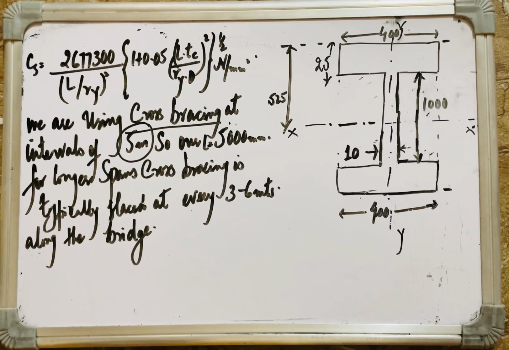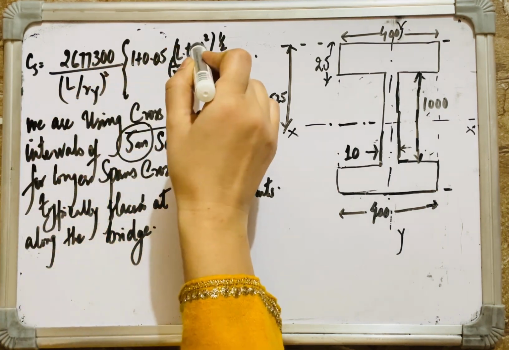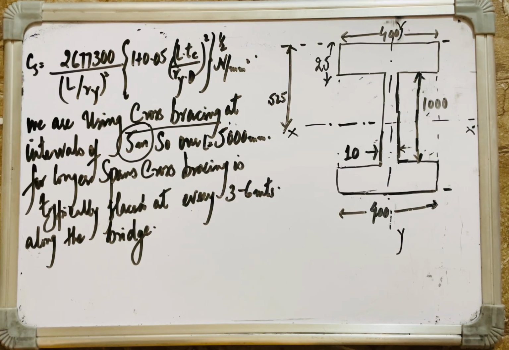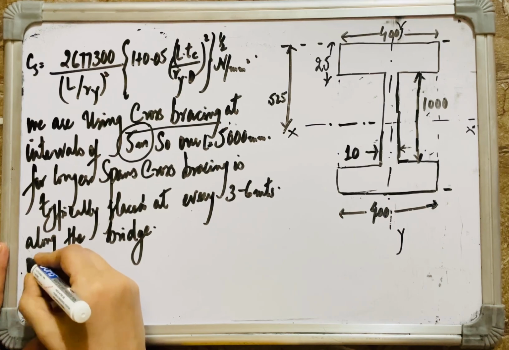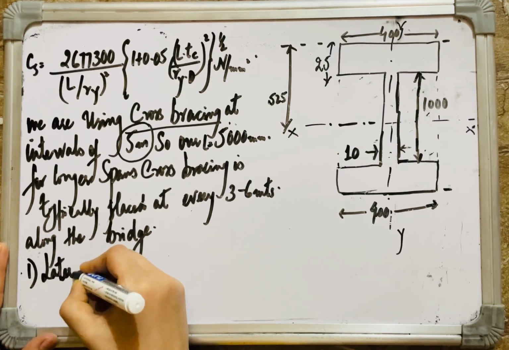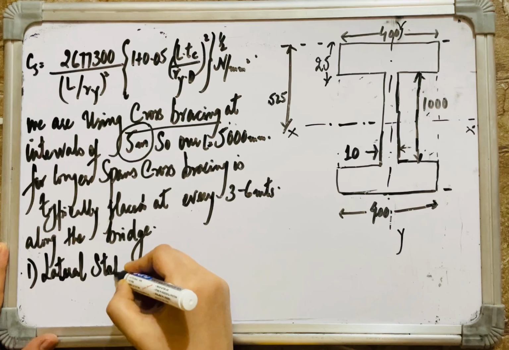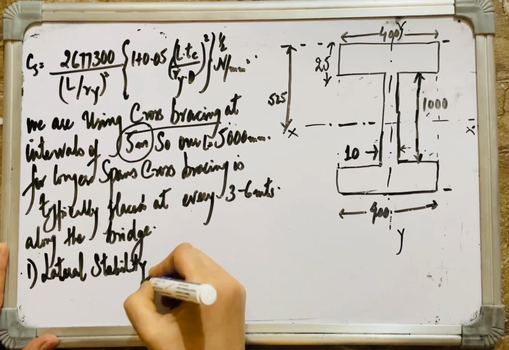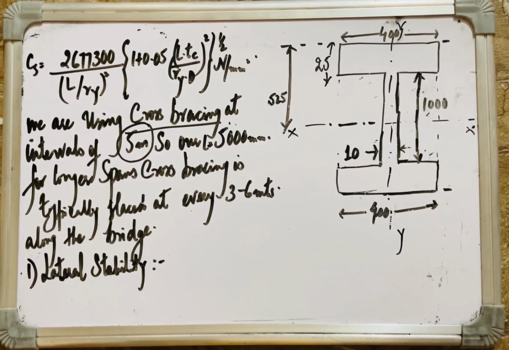Now I have every value that I need to substitute in my elastic critical stress formula. Before calculating it, let me tell you something very quickly about the purpose of cross bracings. Cross bracings are used for, one, lateral stability, because they prevent buckling of compression members, especially the top chords.